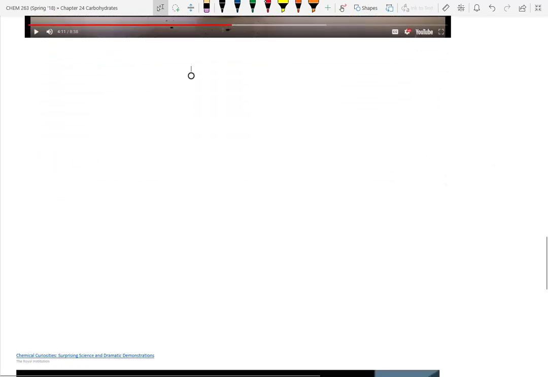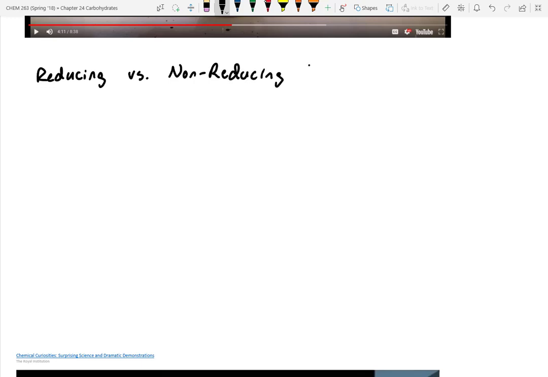So now we've got to look at something called reducing sugars versus non-reducing sugars. And you might run into this in biology a lot. There's a lot of classic tests that can be done, and I'll show you one of those in a minute.